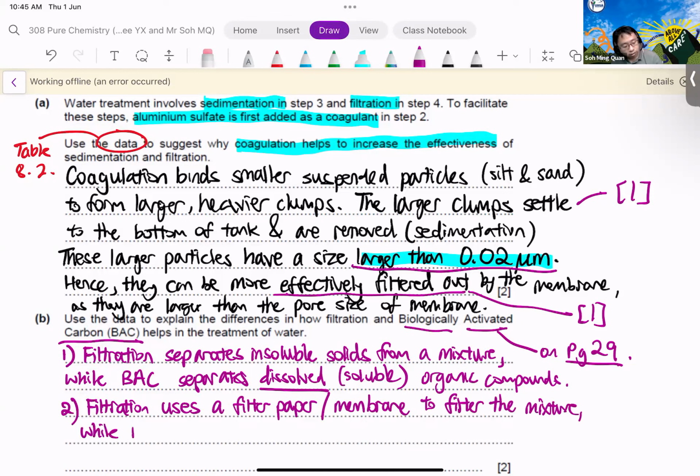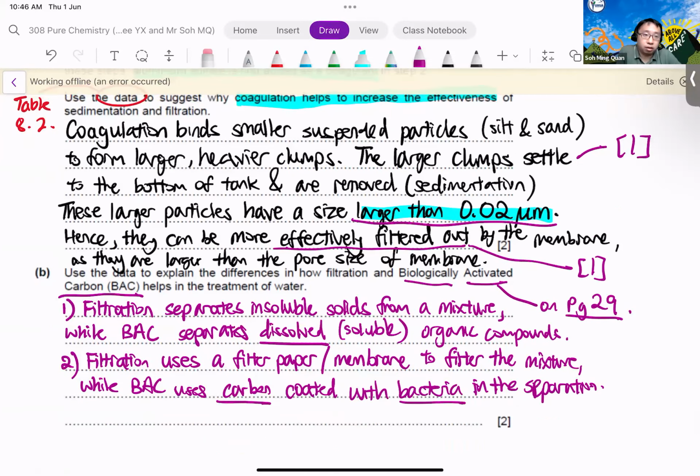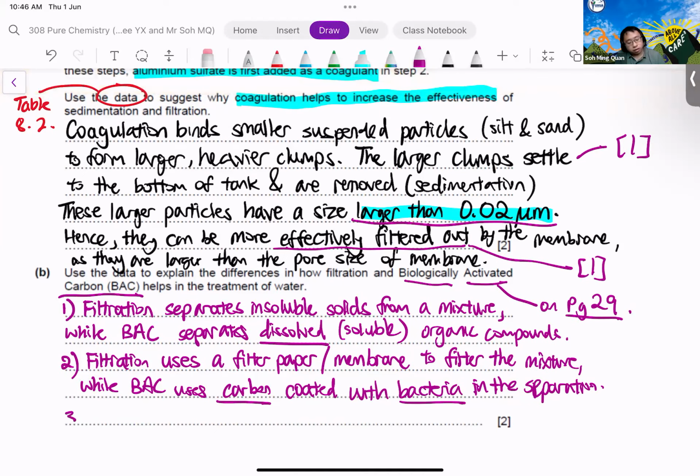While BAC uses carbon coated with bacteria in the separation. So the chemicals that you use are different. That's the second difference.